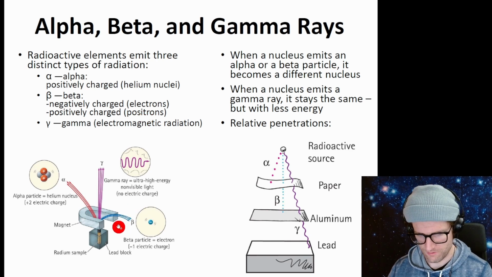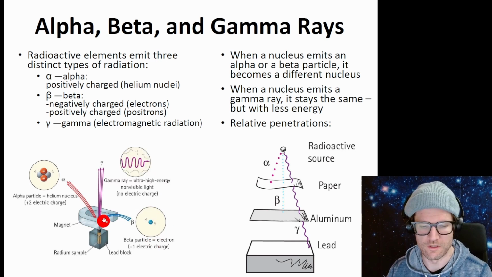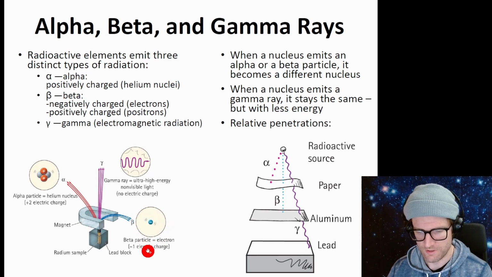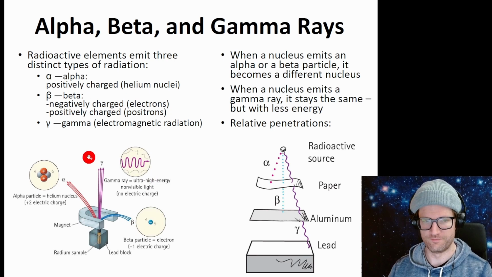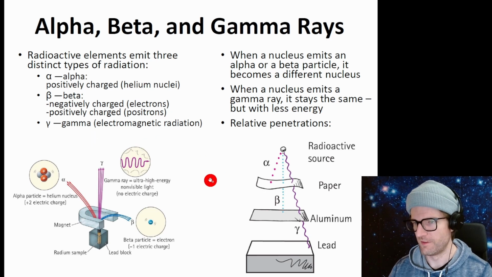Typically when a beta particle leaves an atom, it's going to be an electron. So it takes a charge with it and changes a neutron to a proton. And gamma rays, well, that's really, really strong electromagnetic radiation, photons.